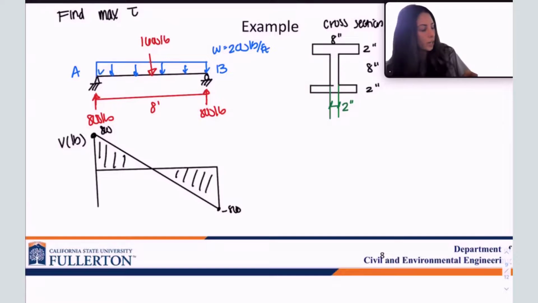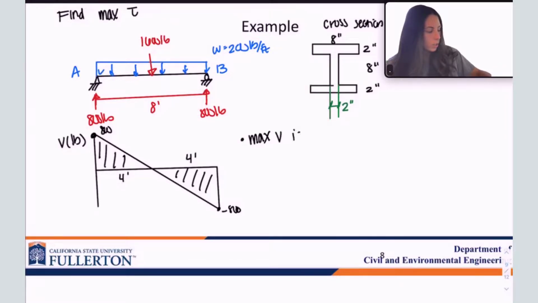And this is my shear diagram. This is 4 feet. This is 4 feet. Everything is symmetric, super easy. And we notice here that the max shear is at the supports. That's not always the case, of course. It depends on the loading. So you need to draw the shear diagram to make sure that you're getting the max shear force, okay?